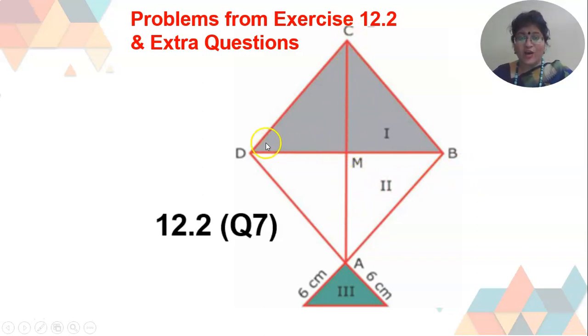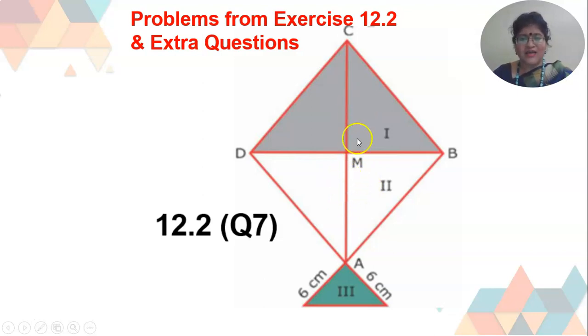We found out the area of this entire part in gray by using the formula half into base DB into height CM. So CM was also known, DB was also known to us. Then we found the area of this region in green. Then we found out the same area in this white portion.